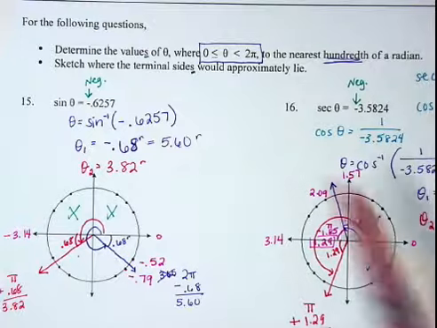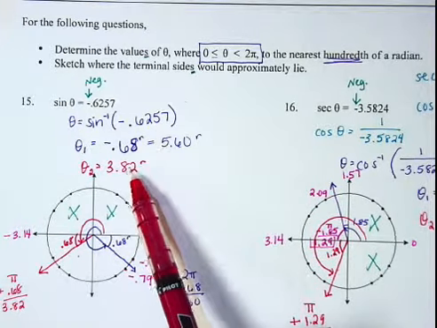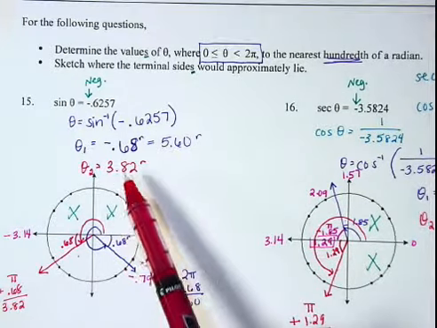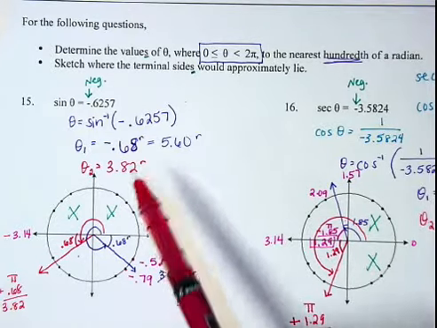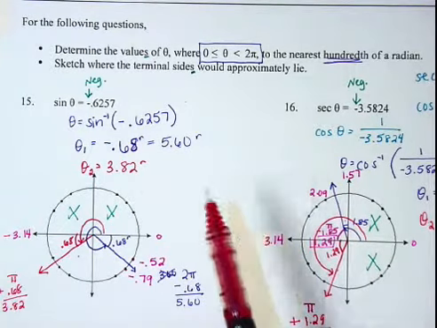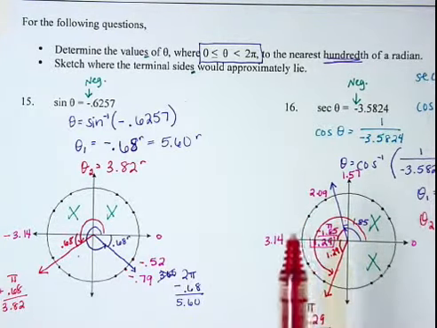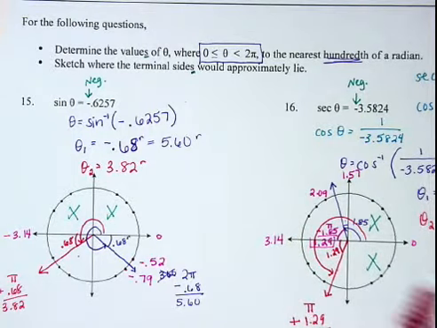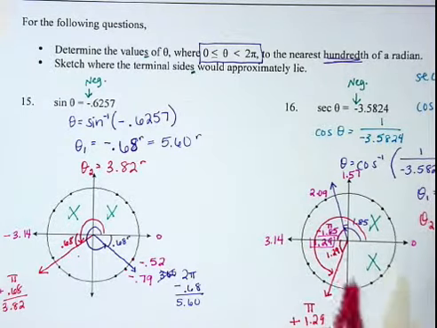Remember, if they give you a negative theta, you need to change it to a positive. Find a coterminal angle to that negative theta. And please make sure your calculator is in the correct mode. I can't give you any credit if you give me way off answers. So first things first, always make sure you're in the correct mode. I'll make sure that I write that on the test.